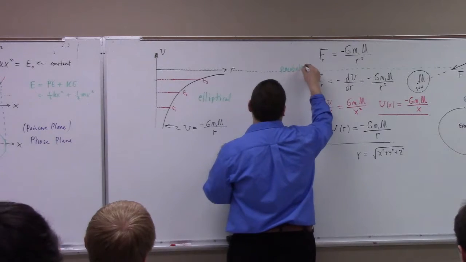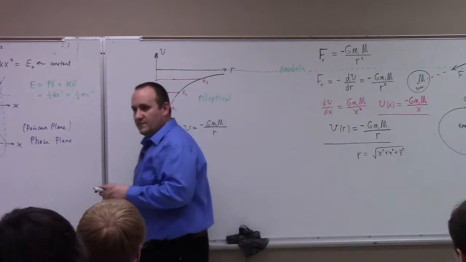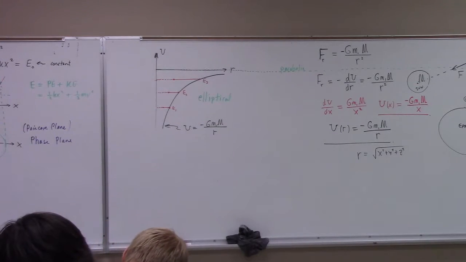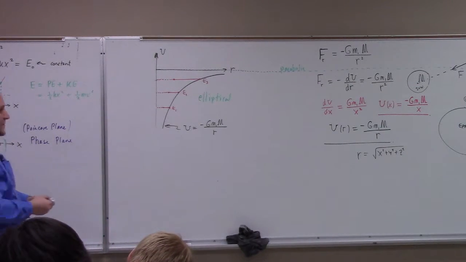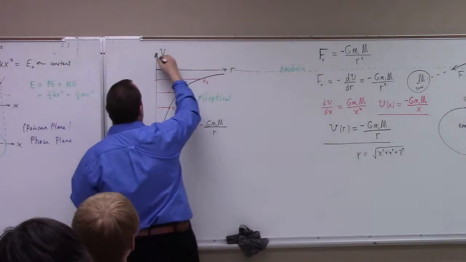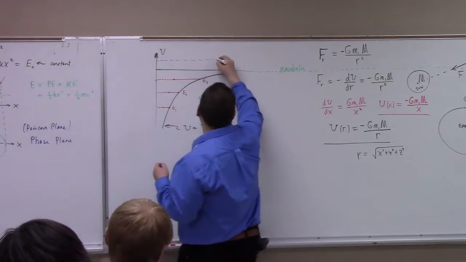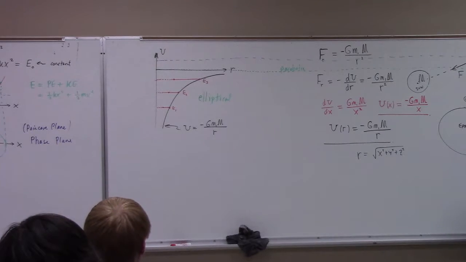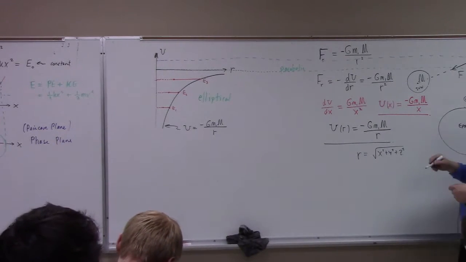Parabolic is very special. It's probably impossible to realize in practice. That means it's really between the case where energy is negative and energy positive. What's that up here? Again, keep going and going and going. E greater than 0, this is hyperbolic.